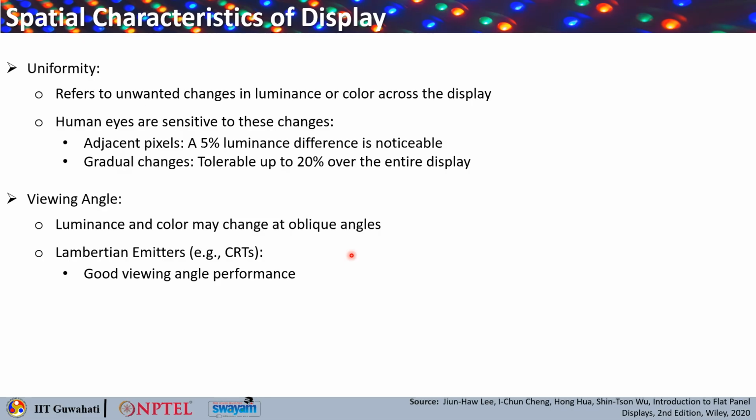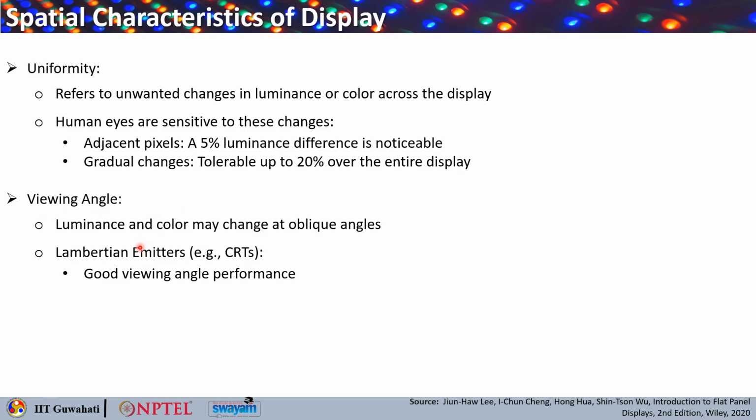Another important spatial characteristic for display is the viewing angle. If you remember, in early days, the TVs were only viewed from a particular angle, but now with time, from the side angle also you should get the same feel. That is where the viewing angle plays an important role.